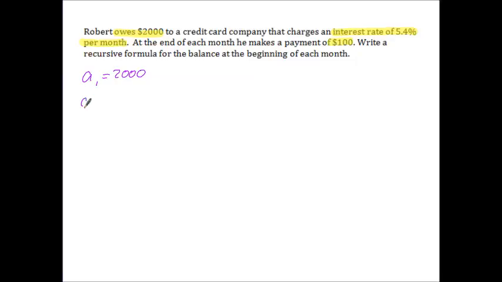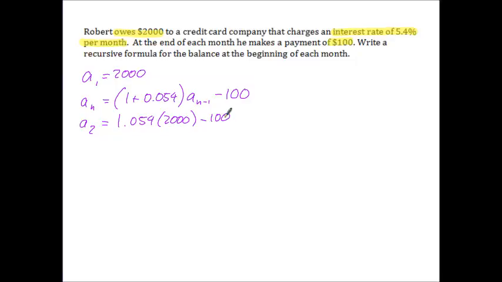So a sub n is 1 plus 0.054 times a sub n minus 1, and then we in this case actually subtract 100 from that amount. So let's see what that gives us in month 2. A sub 2 is equal to 1.054 times 2000 minus 100.